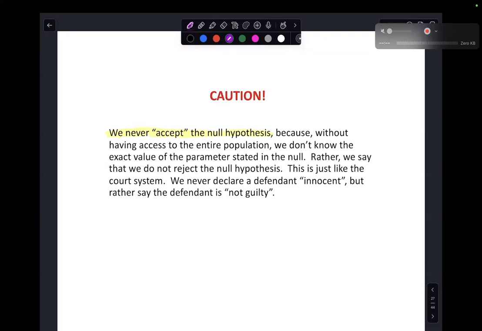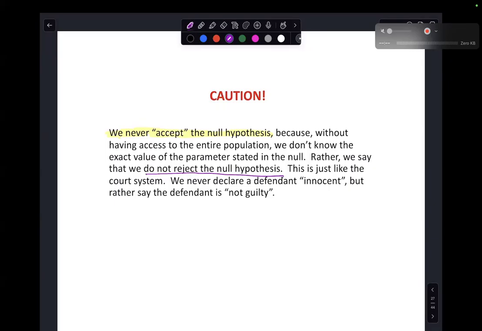We don't know because we can't get the whole population. We either say that we do not reject the null hypothesis, or we say we reject it. It's kind of like you don't ever declare a defendant innocent. You just say they're not guilty.